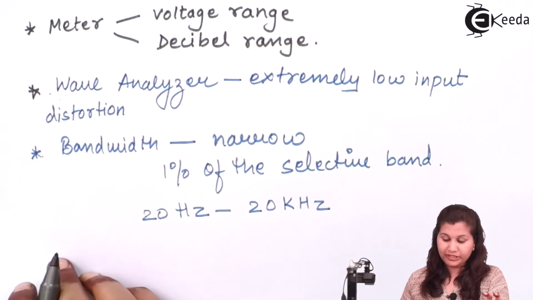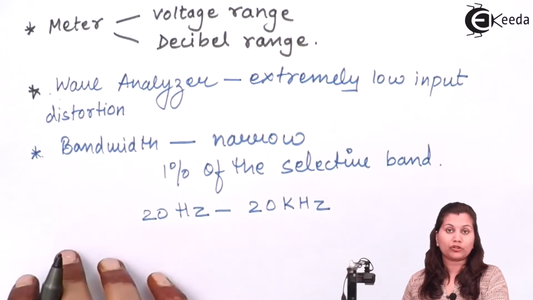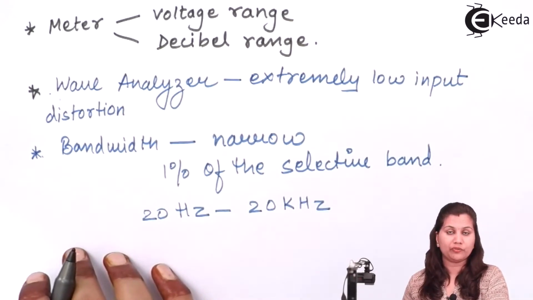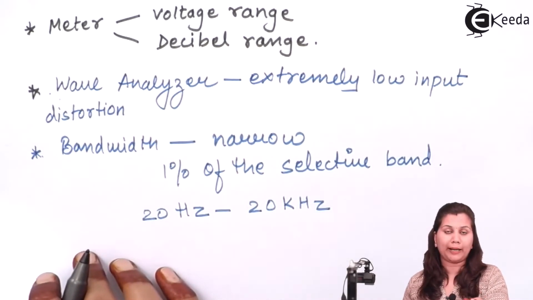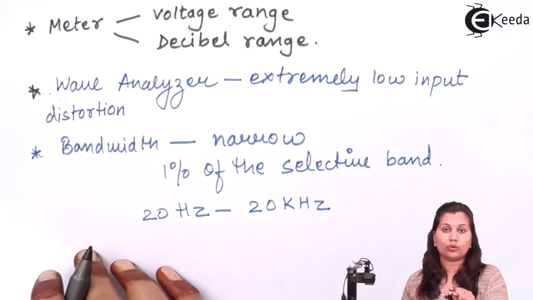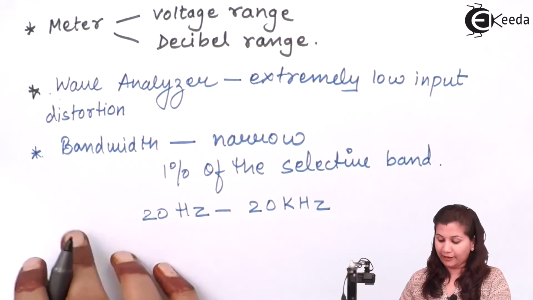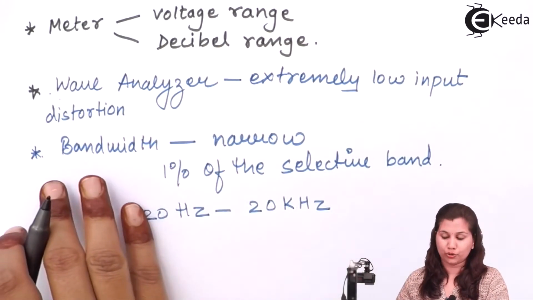Its bandwidth is very narrow because of the filter which we are using. This filter is a very narrow band pass filter, so it gives a very narrow bandwidth to the instrument.